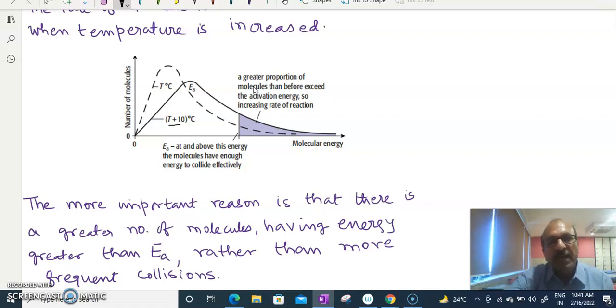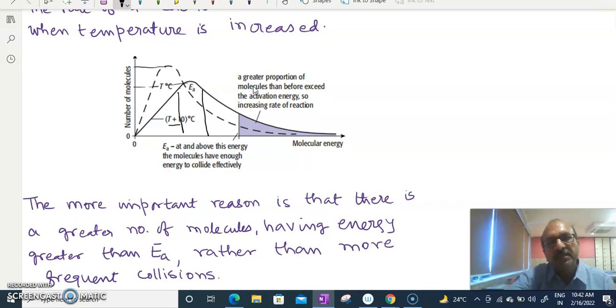What you observe is that the graph shifts towards the right. Now that means that most of the molecules are represented here. Compared to the number of molecules in the previous graph, there is a smaller number of molecules at the peak, but they have more energy.